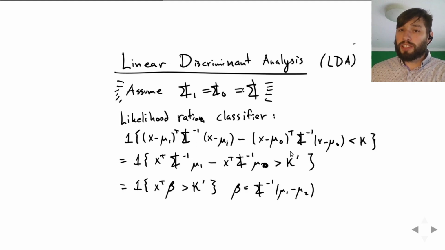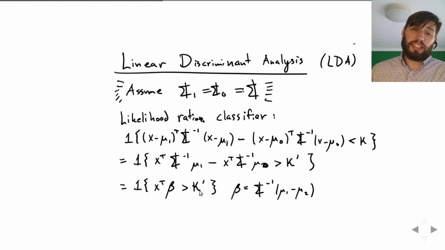So we just have the cross terms that are going to be the only relevant factor, and those cross terms look like x transpose sigma inverse mu1 minus x transpose sigma inverse mu naught exceeding some other constant, kappa prime. And that kappa prime is going to depend on the mu naughts and the sigmas, but that doesn't really matter because we're going to end up tuning this kappa prime anyway.